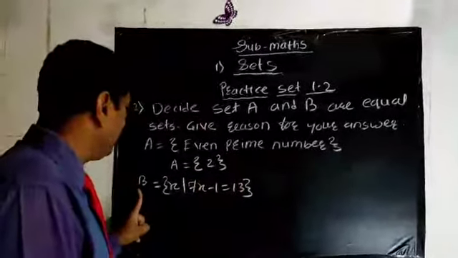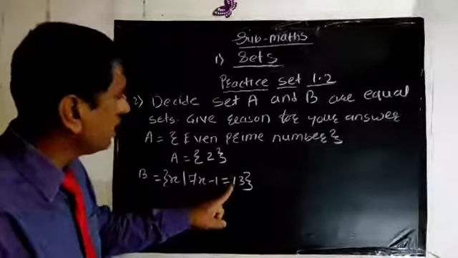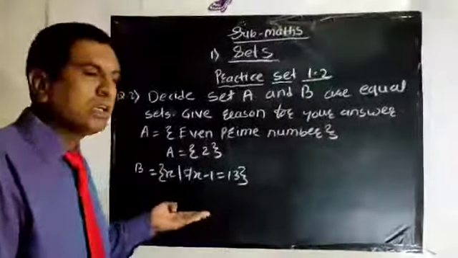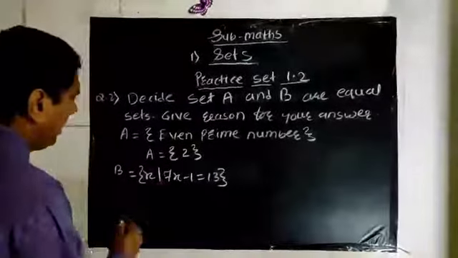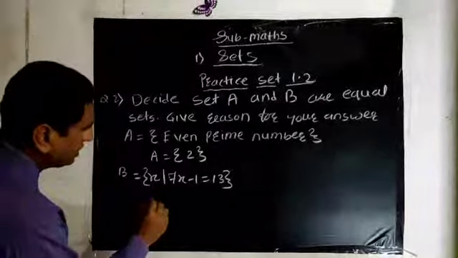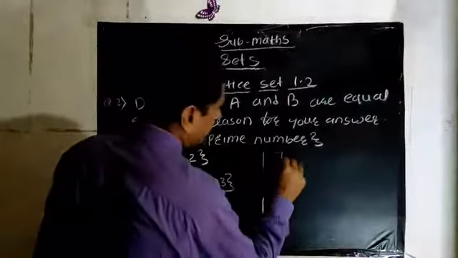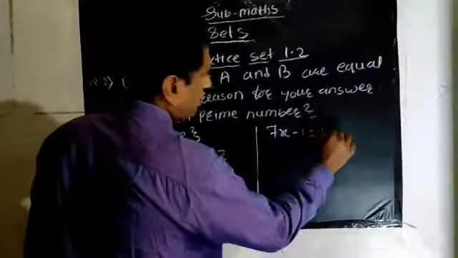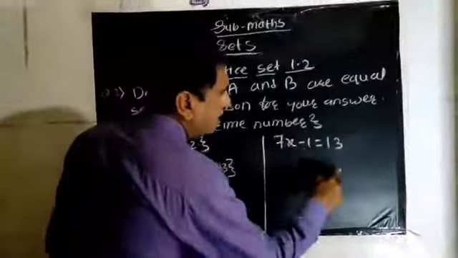Then set B, B equals x such that 7x minus 1 is equal to 13. See, an equation is given here. You solve this equation, then you will get the value of x. So we will solve the equation. 7x minus 1 is equal to 13. Then 1 is minus here, transposing.